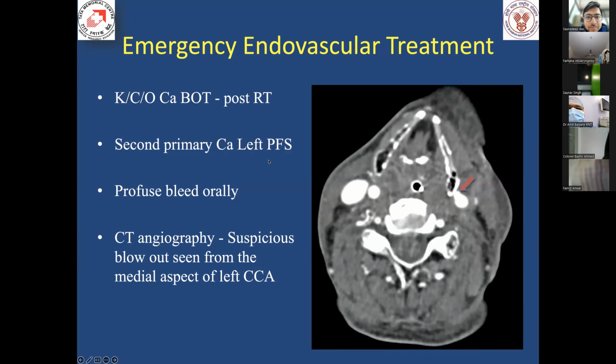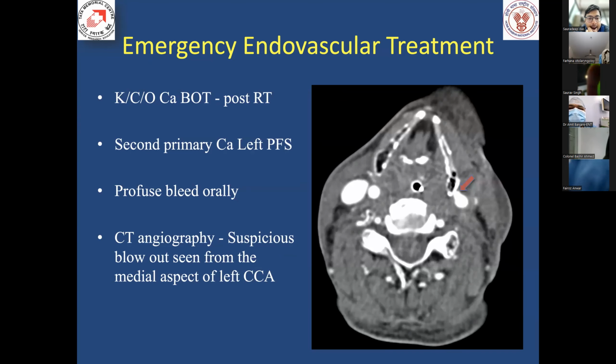Now, that's not the only time that we do angioembolization. Sometimes the patient presents with a tumor bleed or post-operative injury to the vessel or post radiotherapy vascular injury, even presenting with massive hematemesis or bleeding orally.